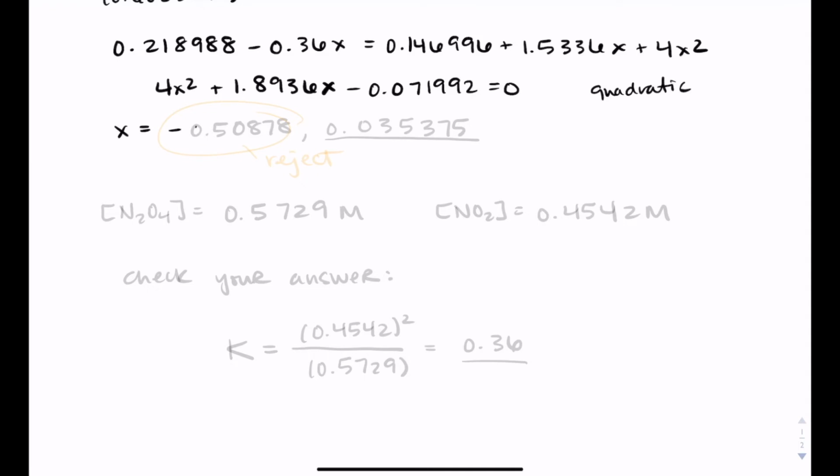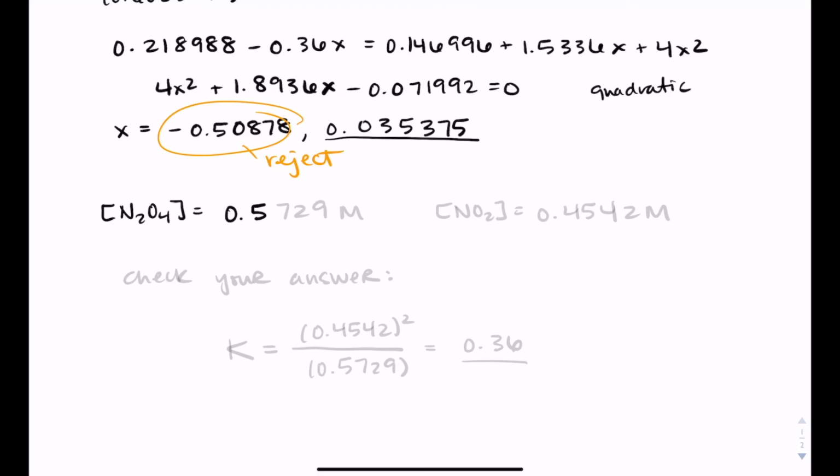When you use the quadratic formula, you will get negative 0.50878 and 0.035375. Thankfully the rejection part stands out. We have a negative value here, and we can reject that one because it would give us a negative concentration.